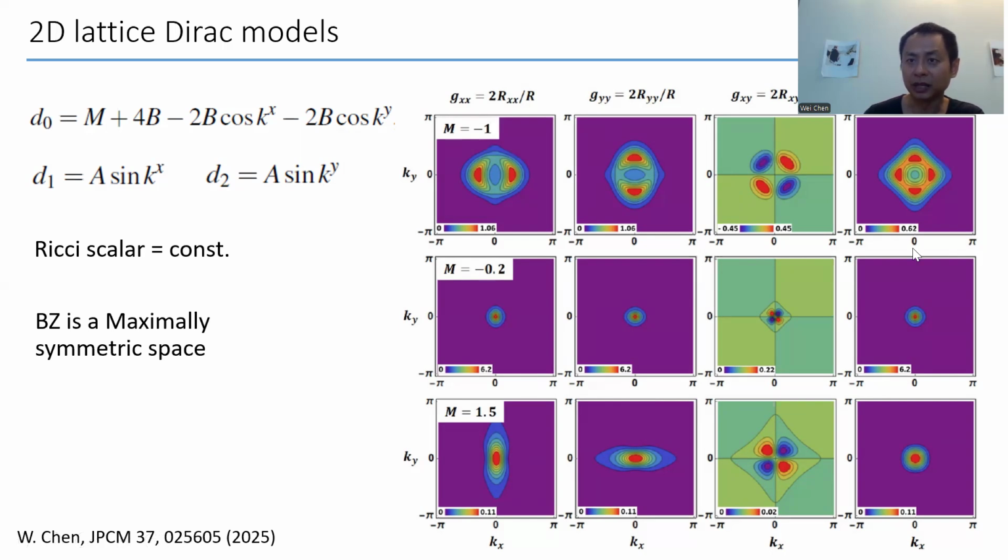And also here, I plot the volume form. So numerically, I found that the Ricci scalar is still a constant. Remarkably, despite this very complicated lattice Hamiltonian with all these parameters, it does not matter what parameters you put in. The Ricci scalar is always constant, and the Brillouin zone is still a maximally symmetric space.